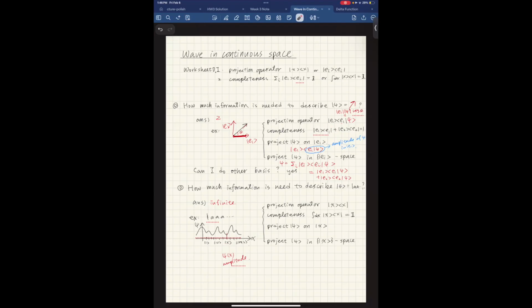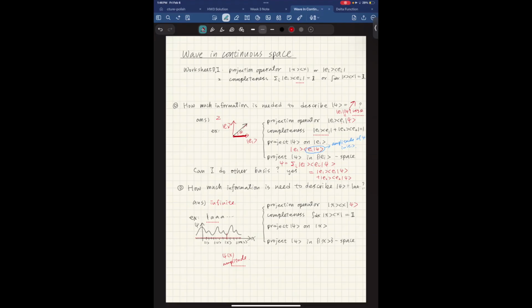So how do I use the same language? Well, I can do the same projection. But now instead of projecting along E1 or E2, I project onto the ket of 1, 10, 1,000, or some arbitrary x. So I can project my wave on this ket x.